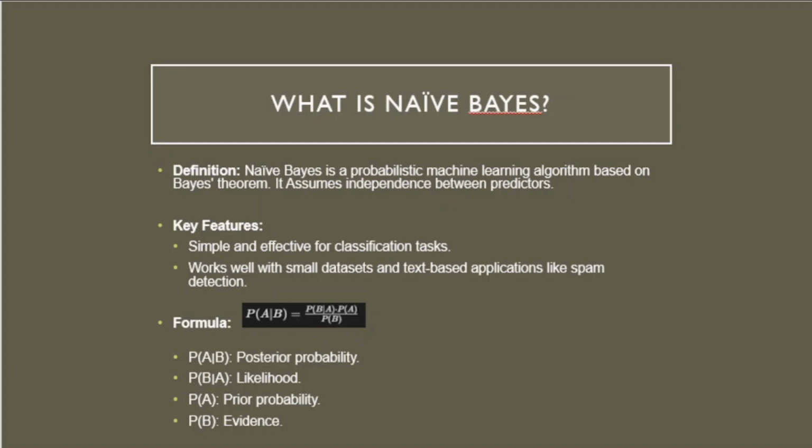Apply Bayes' theorem. Using Bayes' formula, it calculates the posterior probabilities for each class based on the input features. Classification. Finally, the algorithm assigns the data point to the class with the highest posterior probability. This simplicity makes naive Bayes computationally efficient and suitable for large data sets.